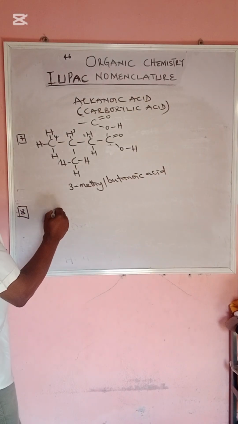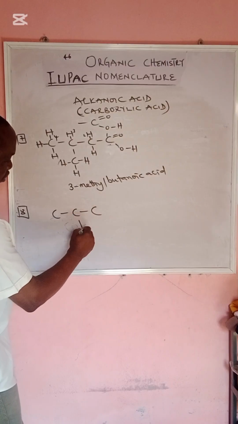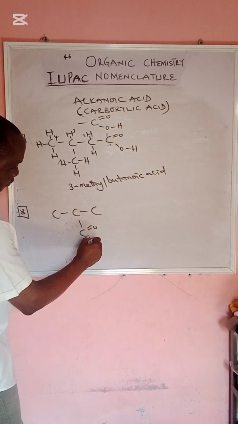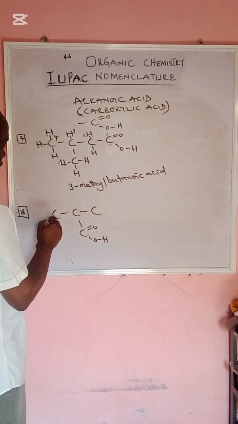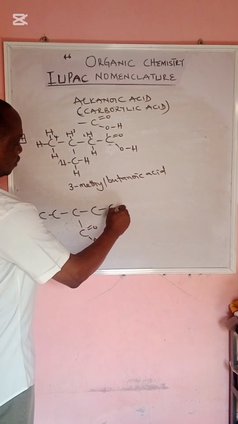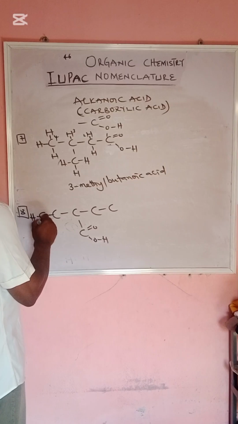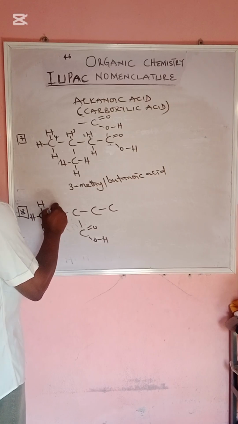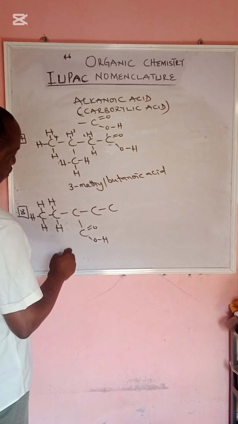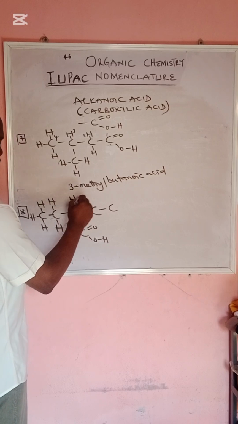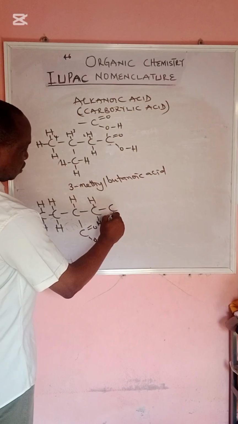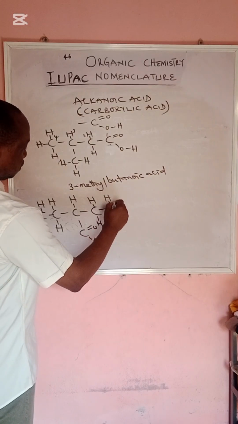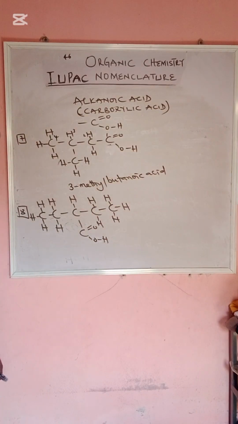Number 8. Let's say you have something like this, and you have the oic group here.